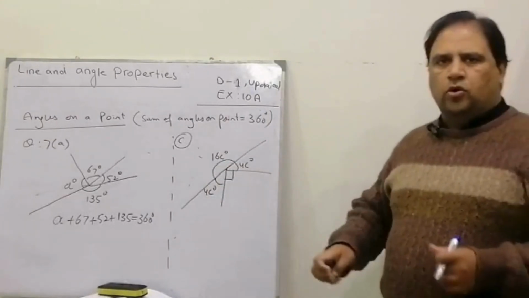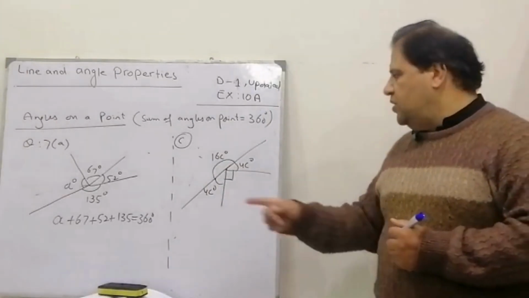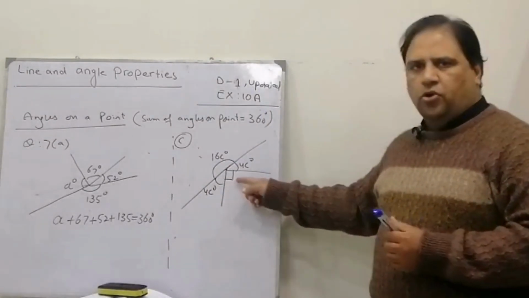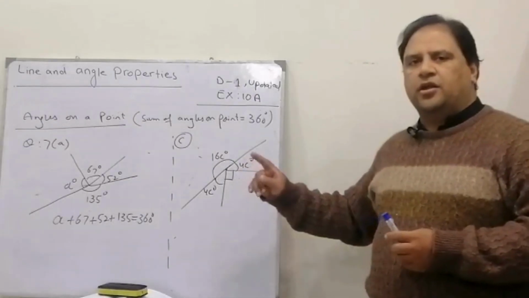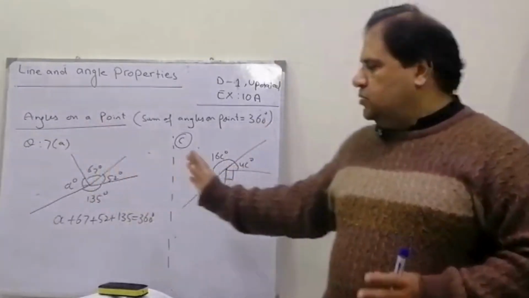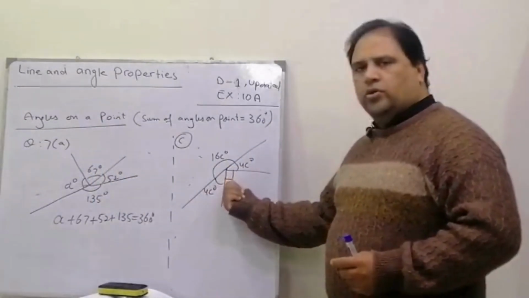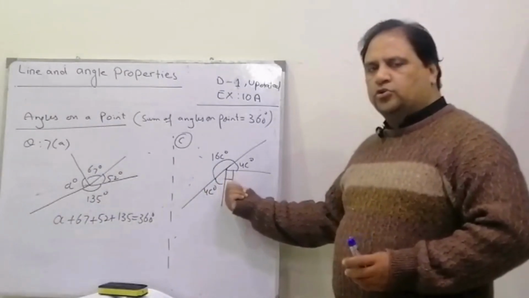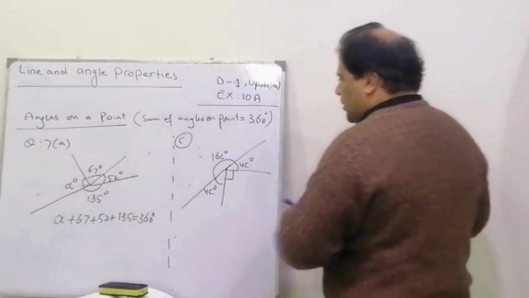Nothing is written with the box. So always remember, wherever the box is drawn, it means a 90-degree angle. Whenever we draw some shape, we never write 90 degrees. We just draw this block on the angle, which shows that this is a 90-degree angle.